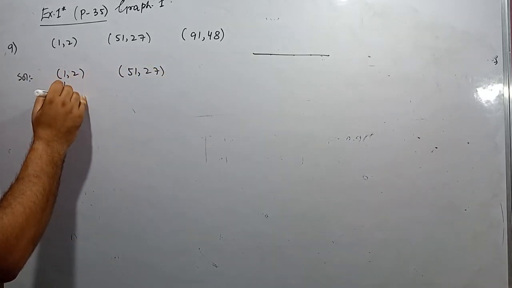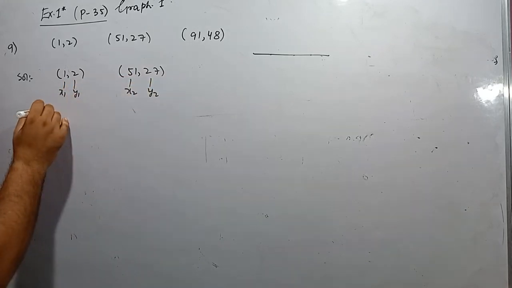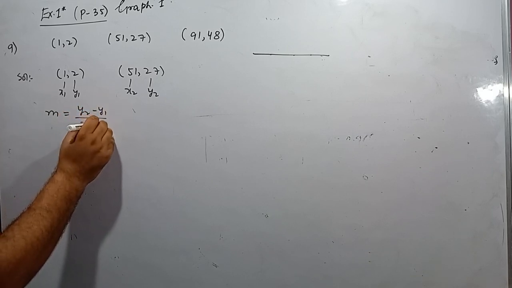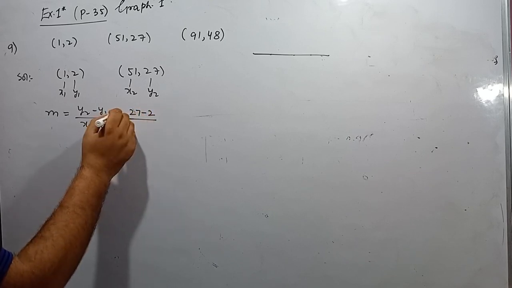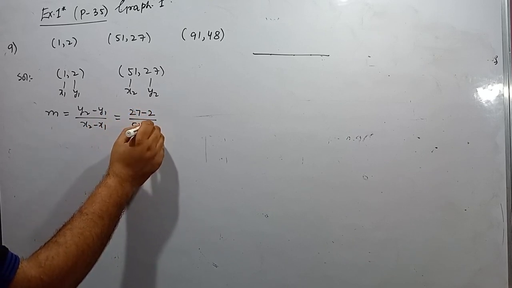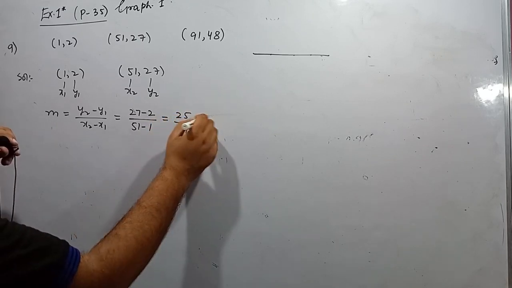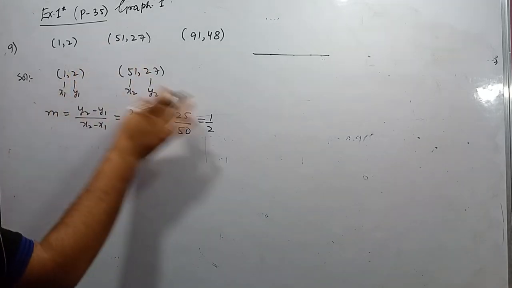This is x1, this is y1, this is x2, this is y2. I know the gradient is y2 minus y1 by x2 minus x1. What is y2? 27 minus 2 divided by 51 minus 1, is equal to 25 divided by 50. That is 1 by 2. So the gradient between these 2 points is 1 by 2.